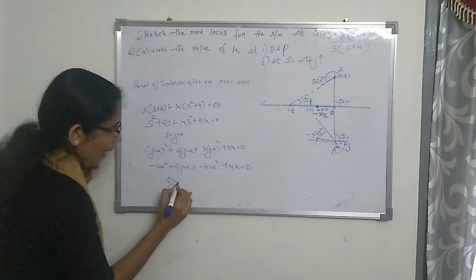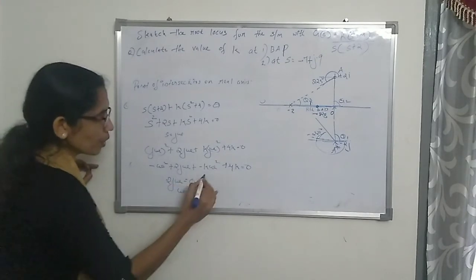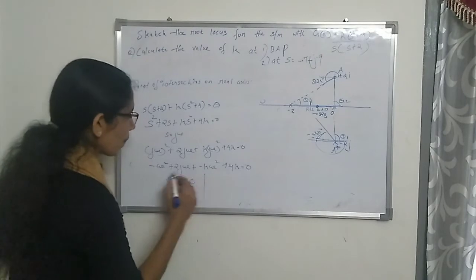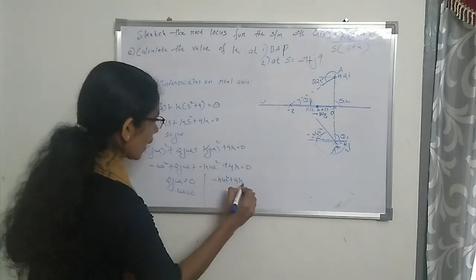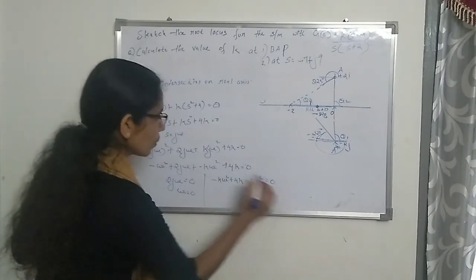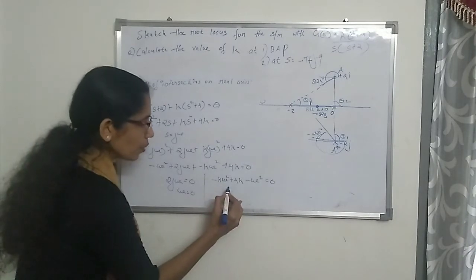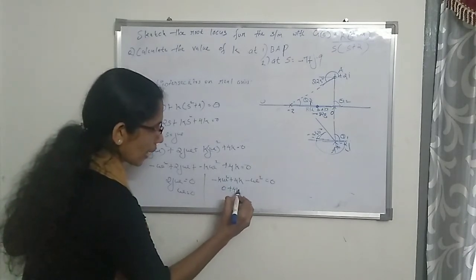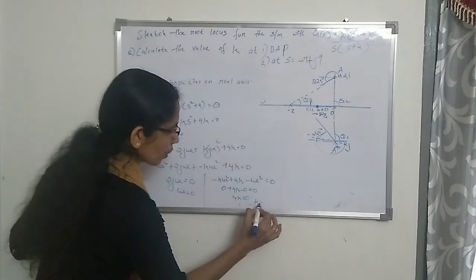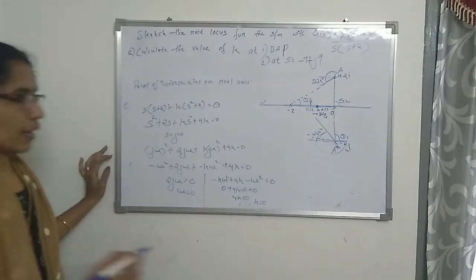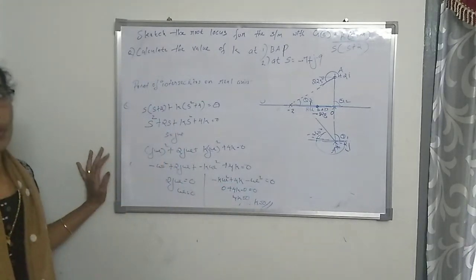By equating the imaginary part, 2j omega equal to 0, or omega equal to 0. And equating the real part to 0, that is minus k omega square plus 4k minus omega square is equal to 0. Substituting omega equal to 0, the equation becomes 4k is equal to 0, or k equal to 0. Okay, we got both omega equal to 0 and k equal to 0.